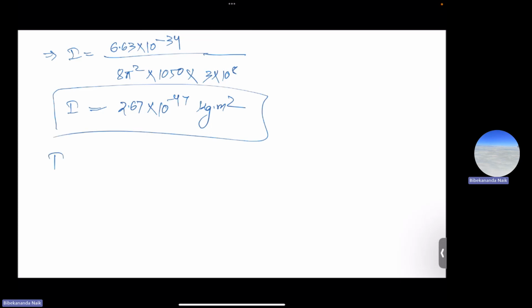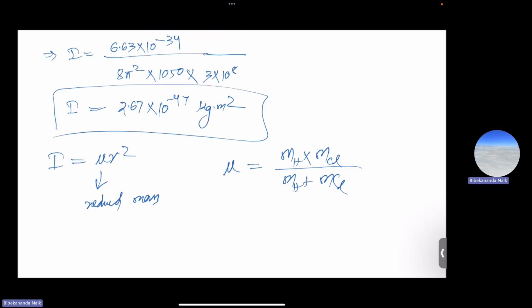And again, the moment of inertia is given by I equals mu r square, where mu is the reduced mass, and this reduced mass is calculated as mass of hydrogen into mass of chlorine divided by mass of hydrogen plus mass of chlorine. Since all these masses are in terms of 1 mu, the mass of 1 mole of hydrogen is 1 gram.